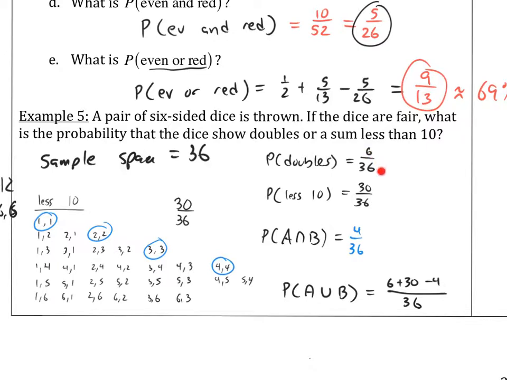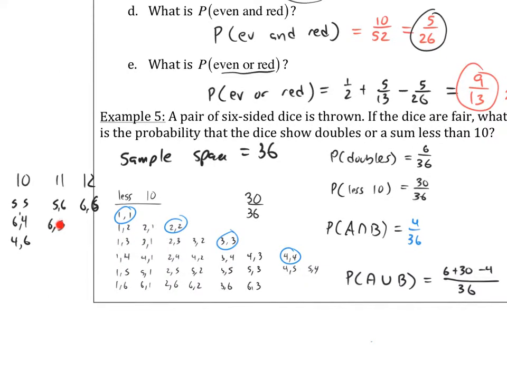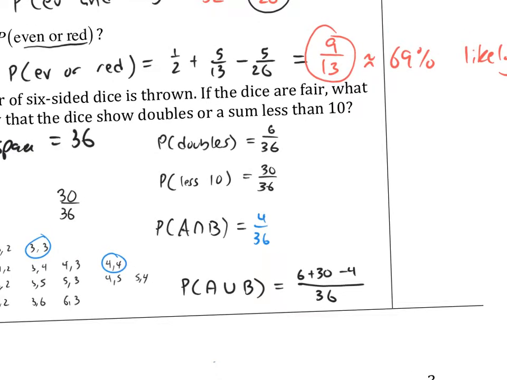Now, of course, when we add those together, we get 100%, right? 36 over 36, and we say, yay, we get 100% of options here. And the answer is no, we actually don't get 100%, because we could have gotten a 5,6, which is neither a double nor less than 10. So in this case, we are going to find the union, which I just circled those for.